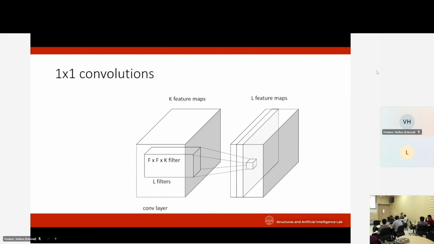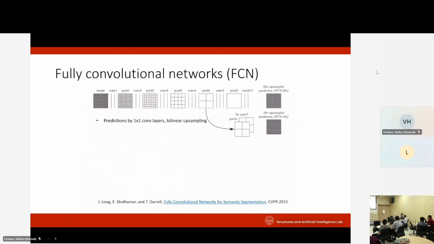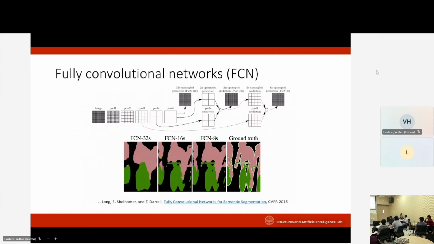Yes. Yes. Yes. Here. So this is what they did in their paper. This is not the best way to do things, but this is what they did.